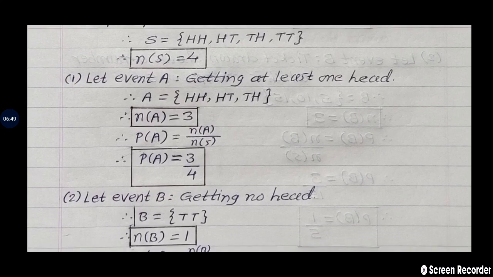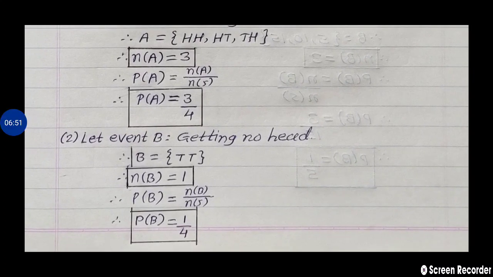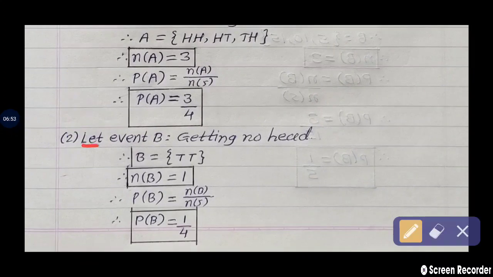Now see that. For the second event, let event B be getting no head. Therefore B is equal to only TT. So the number of sample points in event B is only 1. So N of B is equal to 1.